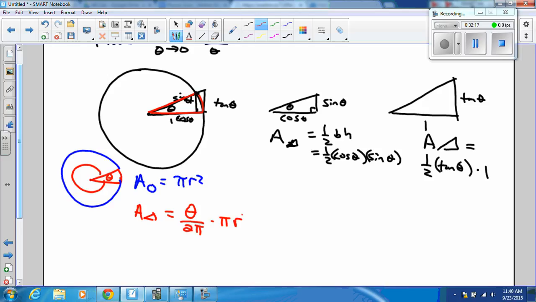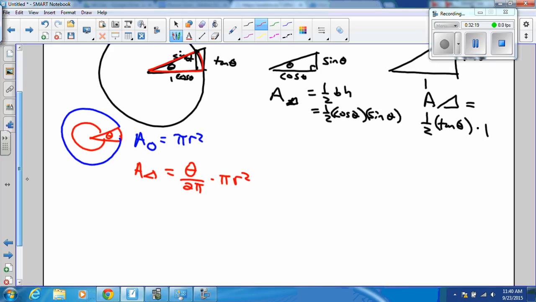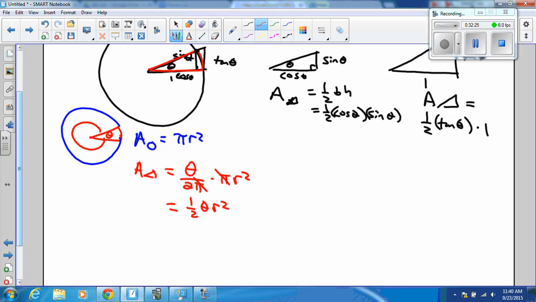So if I now multiply that by the area of the circle, pi r squared, then my pi's cancel, and I get the general formula for the area of a sector or pi wedge, which is 1/2 theta r squared. The r squared, obviously, because we're talking about the area of the circle, and the 1/2 theta, because theta is the fraction out of 2 pi.